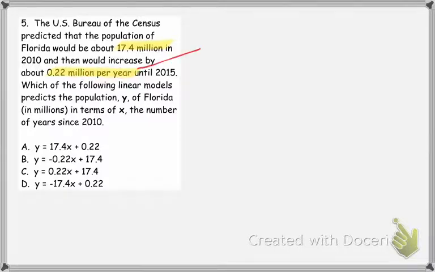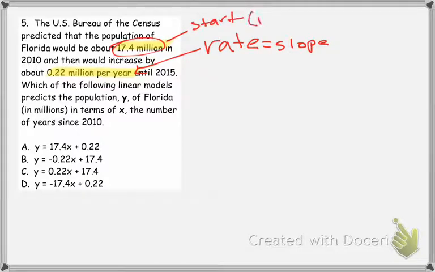That is our little cheat sheet to remember that per year, or per something, is going to be our rate, which is our slope. And then it says here in 2010, so they're starting at 2010. That's going to be their initial. They're starting there at 17.4 million, which is also their initial, right?